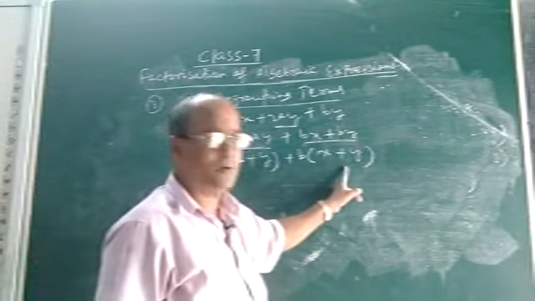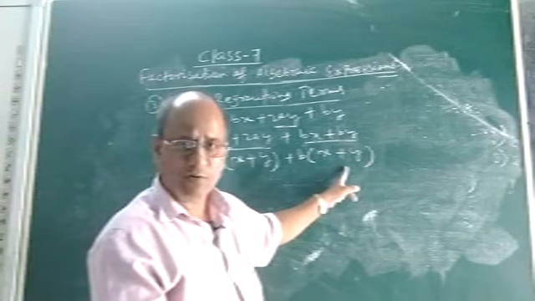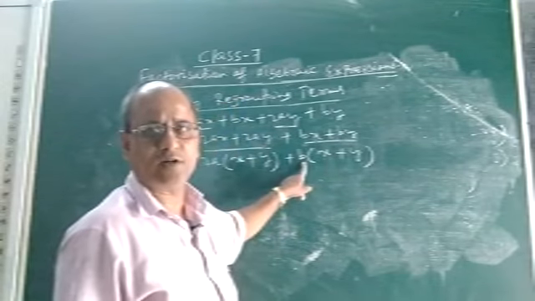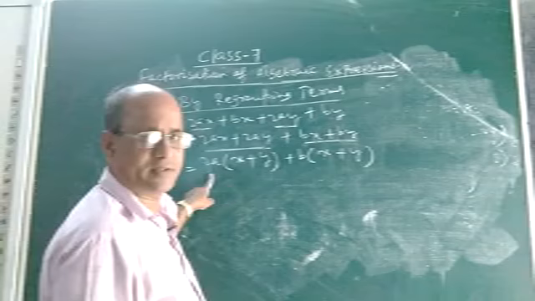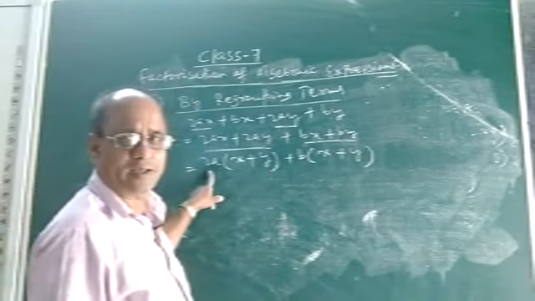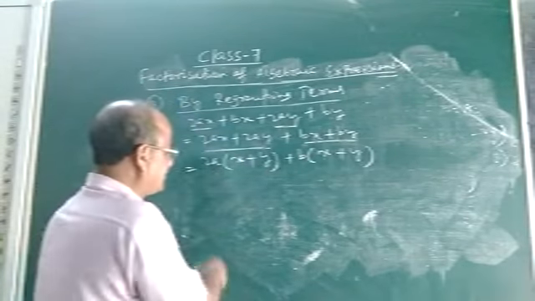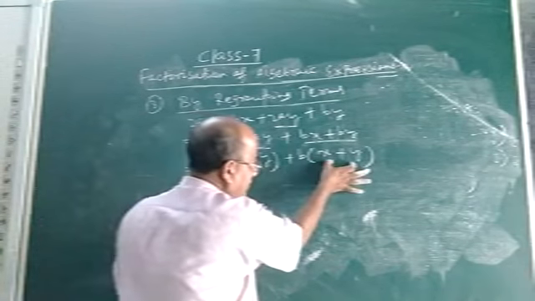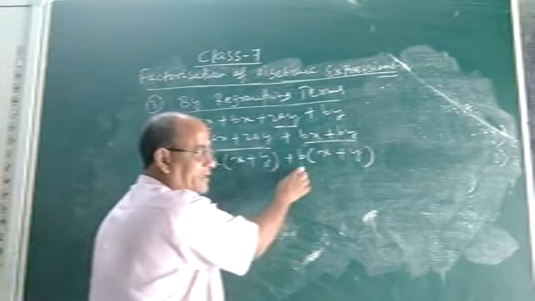Here x plus y is again a binomial. This binomial x plus y is multiplied by b, and in the first term the same binomial x plus y is multiplied by 2a.